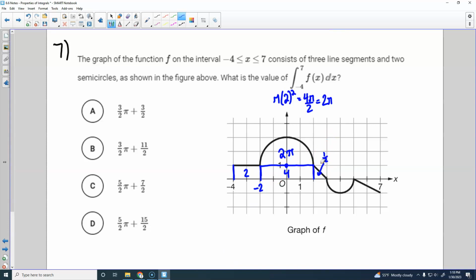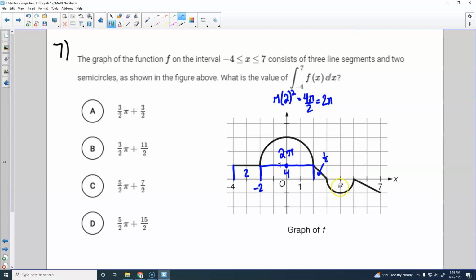Now, this is going to be a little bit different. We haven't really seen this happen yet, but when we have lines that are below the x-axis, we are still looking, whenever we integrate, for the area that is between our curve and the x-axis. But if our area is below the x-axis, it is going to have a negative value for the integral.